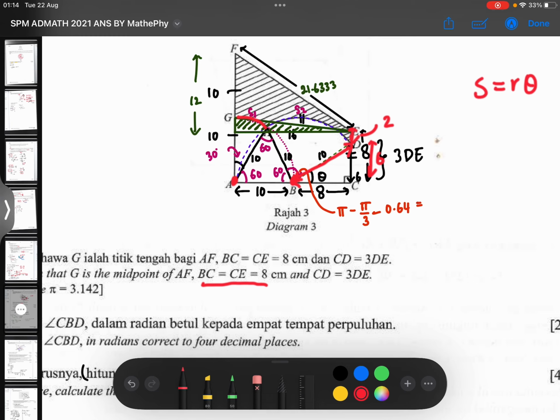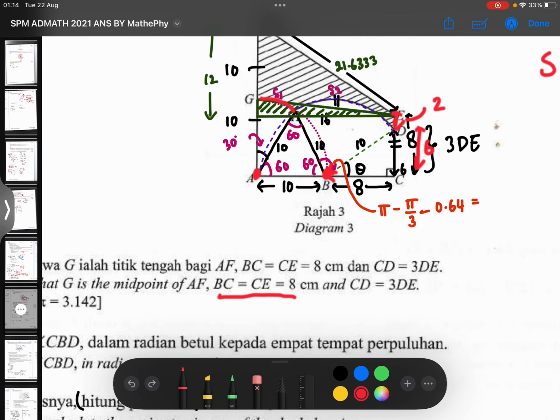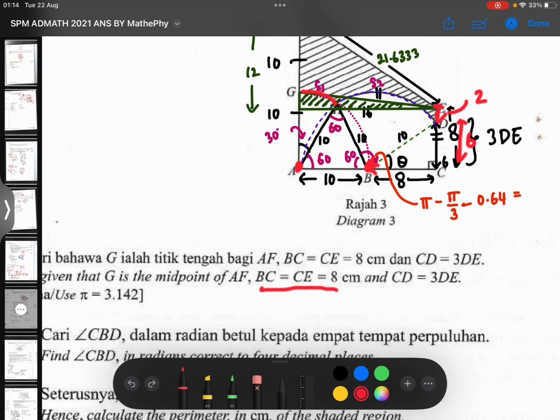So the radius by definition is from the center point to the circumference. So this is from the center to the circumference. So we know that the radius is 10. And we use the same logic. We can prove that the radius of the quarter circle is actually 10 also.